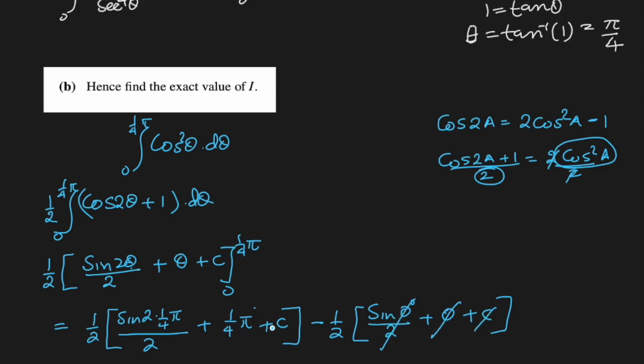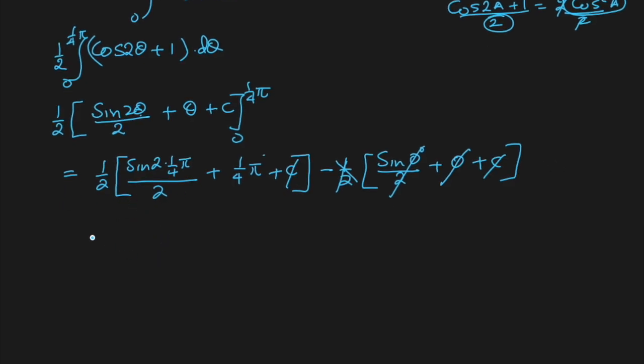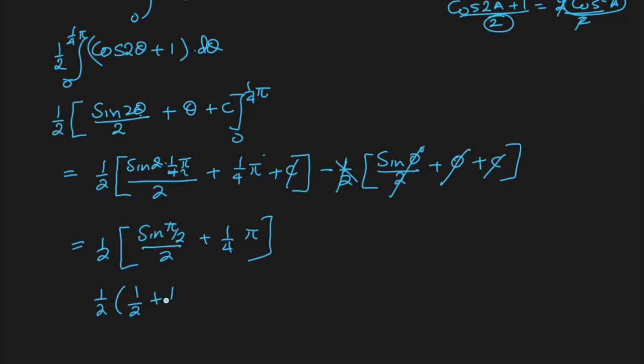This c cancels with this c, so we are left with only the first part. What is that? Half, 2 and 4 cancel, so sine pi by 2 over 2 plus 1 over 4 pi. Half, sine pi by 2 is 1, so 1 over 2 plus 1 over 4 pi.